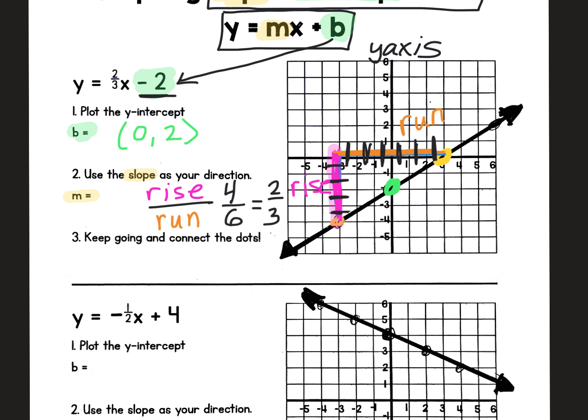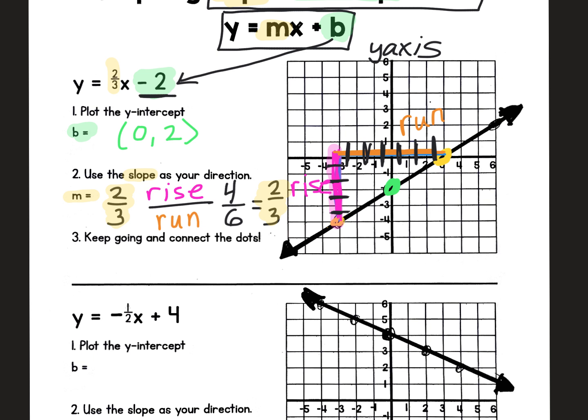If you don't remember how to simplify a fraction, don't worry, I'll help you. But the thing you might notice is that 2/3 is right there in your equation. So that tells you that the slope is 2/3. And then we also need to take into account what direction it's moving in.